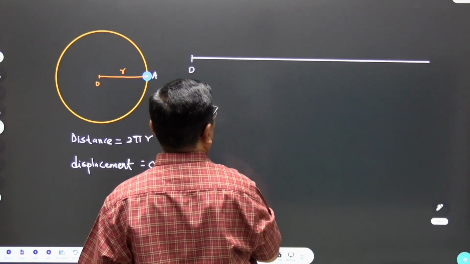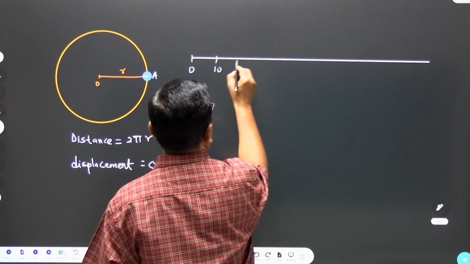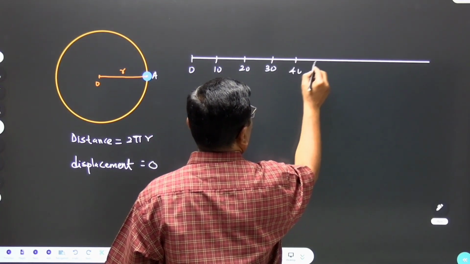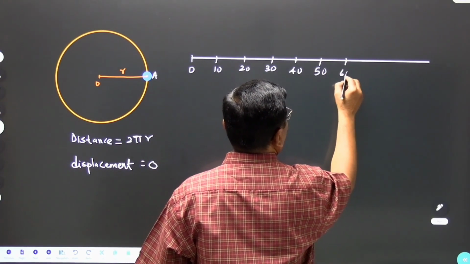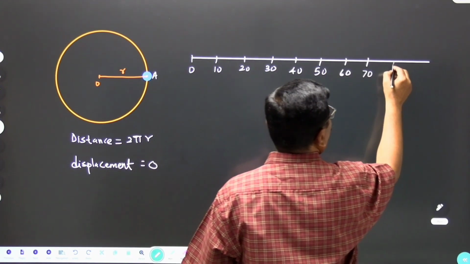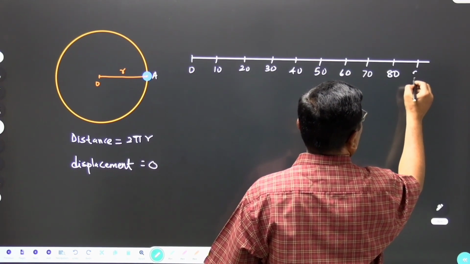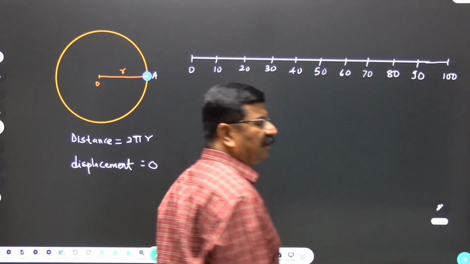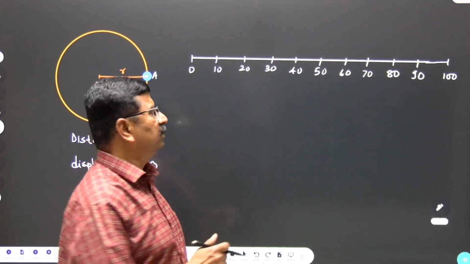Now say the body starts from A, then this is 10, 20, this is 30, 40, so we have a segment road of 100 meters.